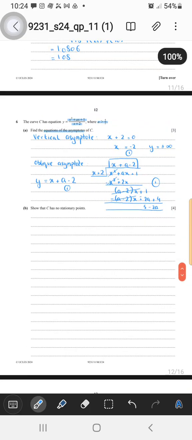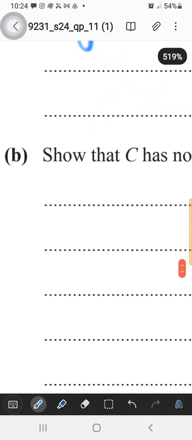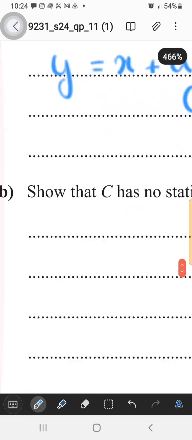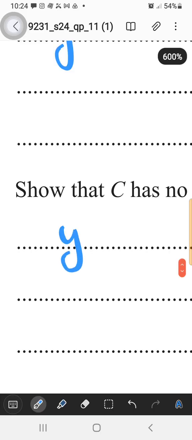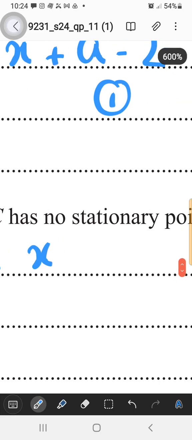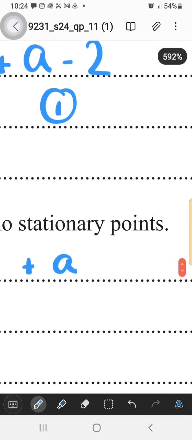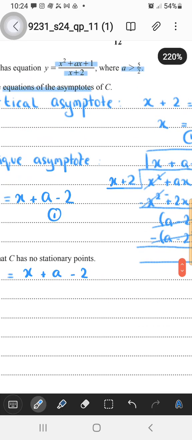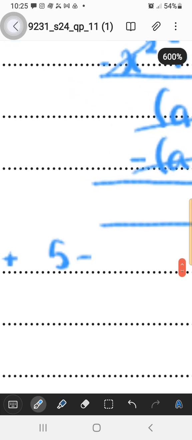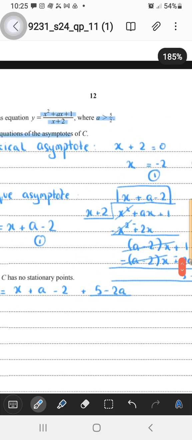Here we had already done long division, so we can get the main equation of the curve: y is equal to x plus a minus 2, plus the remainder 5 minus 2a, and then the denominator was x plus 2.